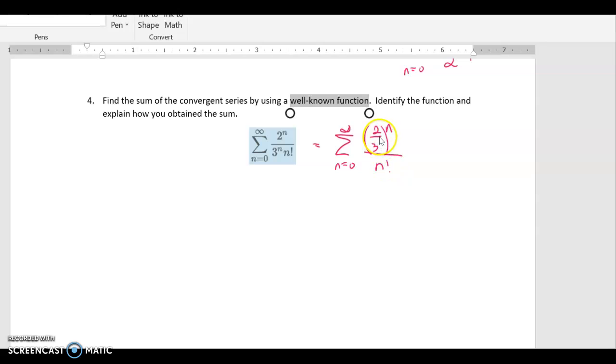So you really have to say, well, okay, that looks a lot like e to the x. So that's going to just be e to the 2/3, and then we're done, right? Because x to the n over n factorial is the series representation of e to the x. So how about that? We found this infinite sum just by recognizing a result we already had, and then we were able to evaluate e to the 2/3, which is somewhere around 2.